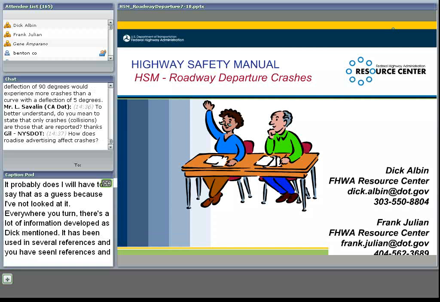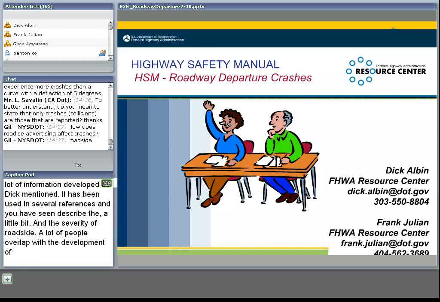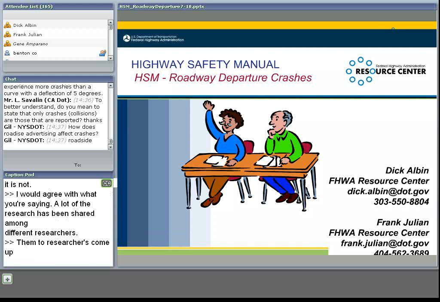Dick, Frank, have you seen the roadside hazard ratings in the U.S. limits program? No, I haven't really delved into that, but it probably does. That's just a guess because I haven't looked at it, but a lot of this information was developed, as Dick mentioned earlier, by Charlie Zegeer. It's been used in several references, so you see this come up quite a bit as a reference to severity of roadside.